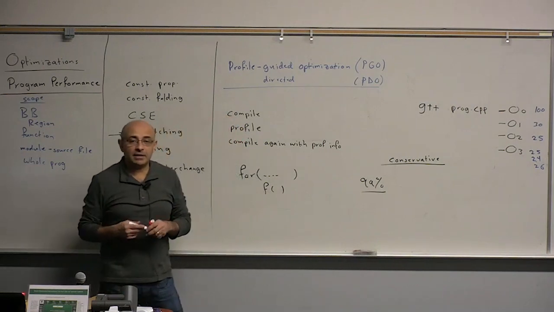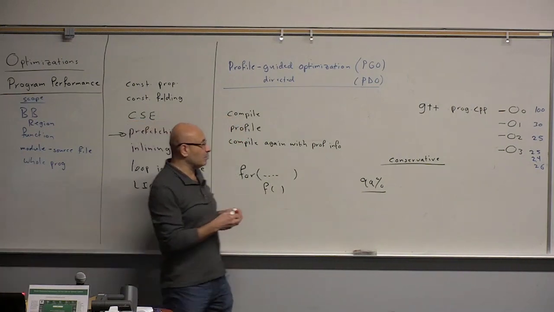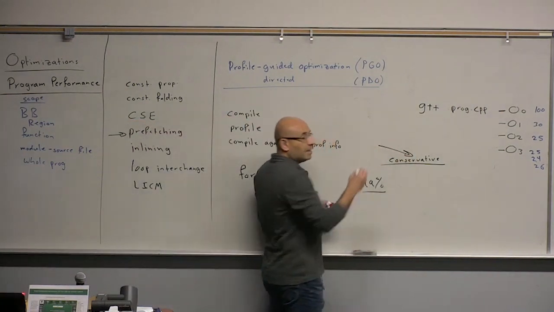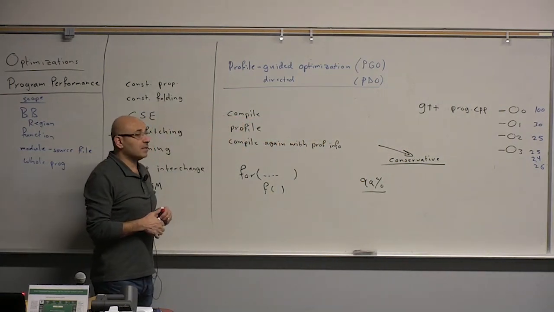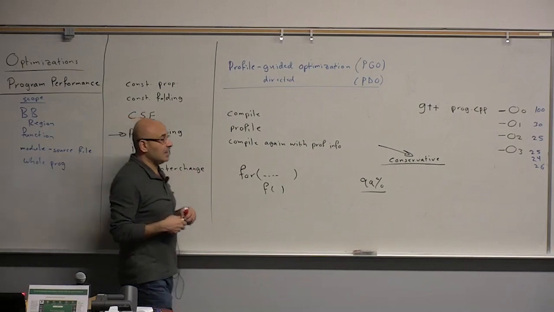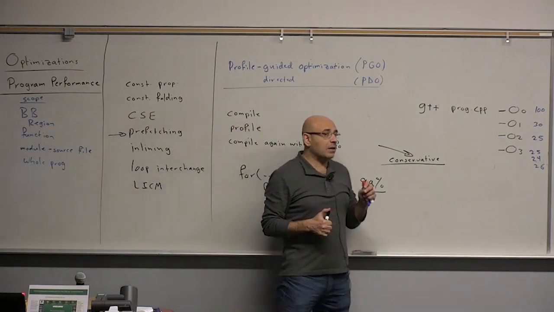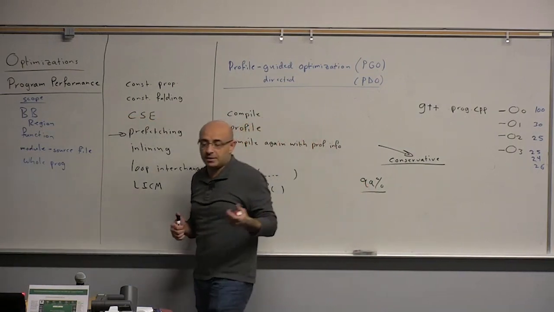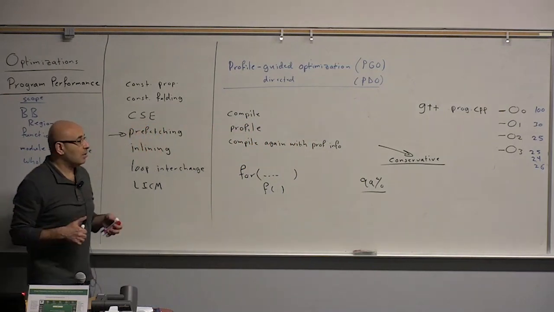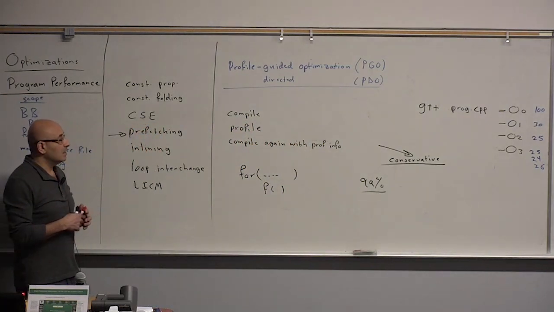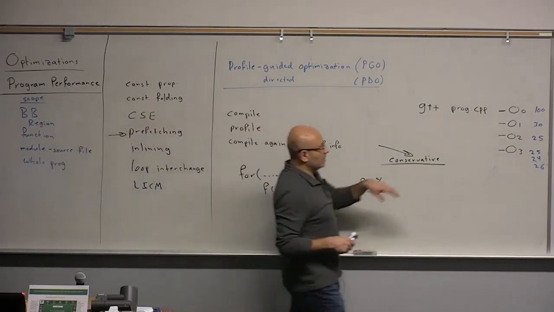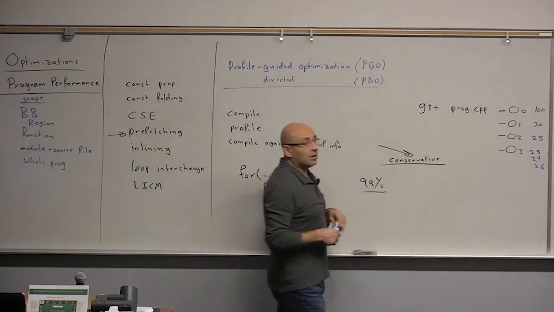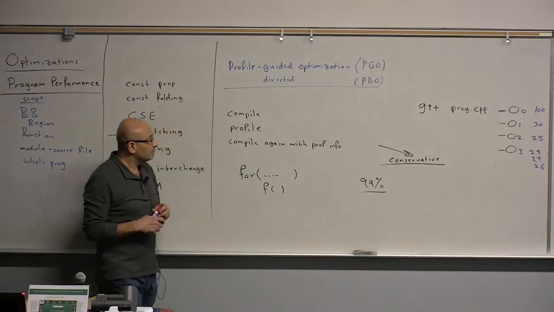It can only eliminate based on 100%. So this is what we mean by conservative. The compiler must preserve correctness, but a compiler optimization does not always make things better or faster. Okay? So this is what I meant by these optimization levels.